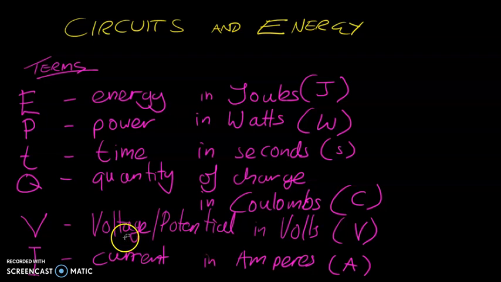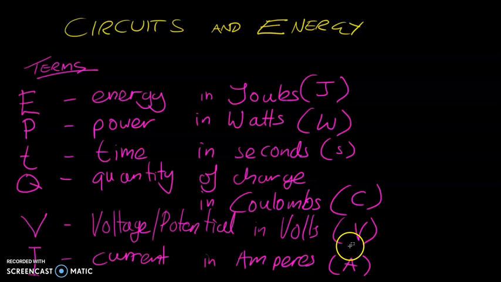V stands for voltage or electrical potential, measured in the volt. We always measure in the volt, so we always use a capital V as the unit symbol, but you may use other letters to describe voltage or potential. You might even see it described as electromotive force.